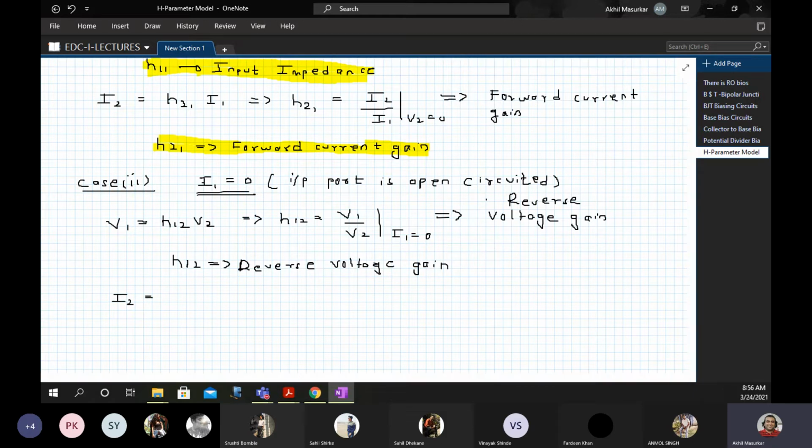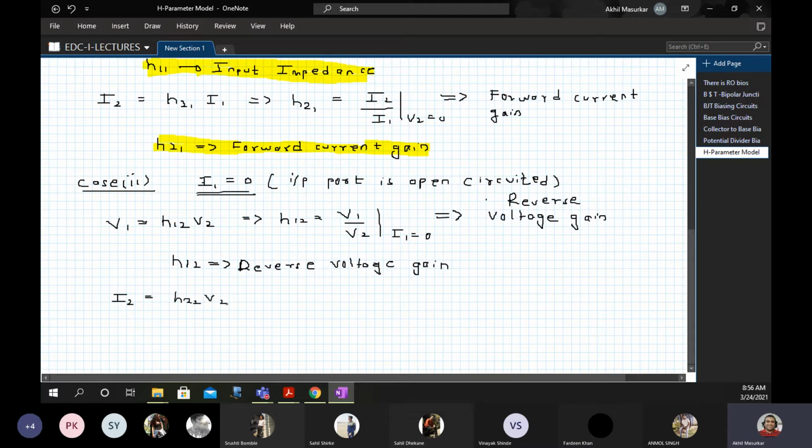And similarly here, I2 will be equal to H22 V2, which will give me H22 is I2 upon V2. So here we have again I1 equal to 0. So this is current upon voltage. So we will say it is admittance, and it is on the output side. So we will say output admittance, and the unit will be mhos.